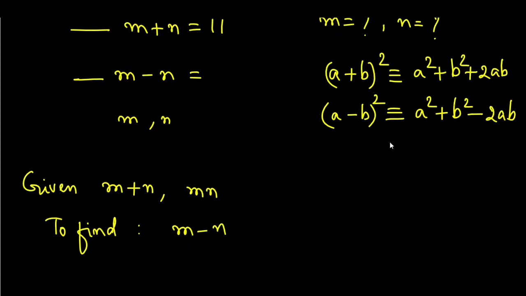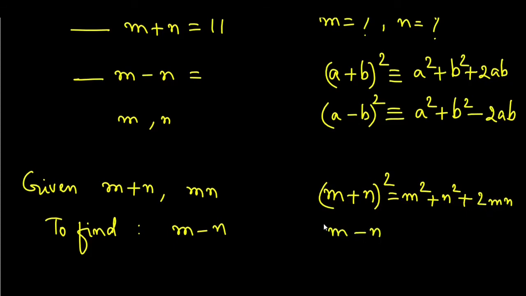Here we have special products. Using them we can write (m + n) whole square is equal to m square plus n square plus 2mn. (m - n) whole square is equal to m square plus n square minus 2mn.